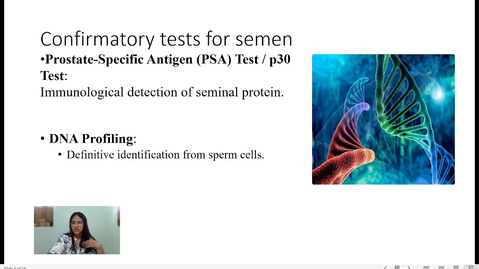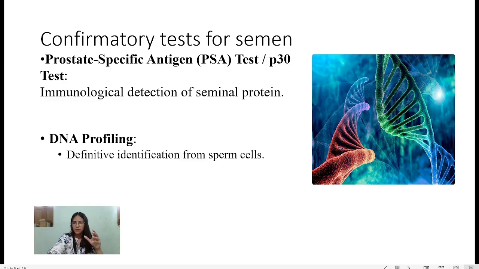So in azoospermic males, the sperm cells won't be present. So in that type of male also, by the presence of semen itself, we can prove that this is actually a seminal stain. And this test is actually accepted in both scenarios.